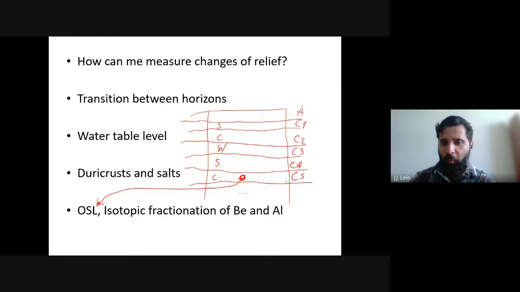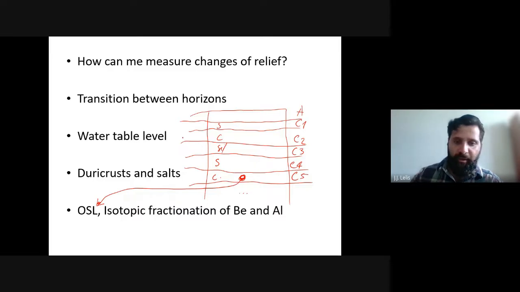I can measure when this C5 layer was buried. Okay, not formed, but buried. So it's quite important if you are studying changes of the geomorphological landscape, if you are measuring some erosions and other properties, it could be very useful.